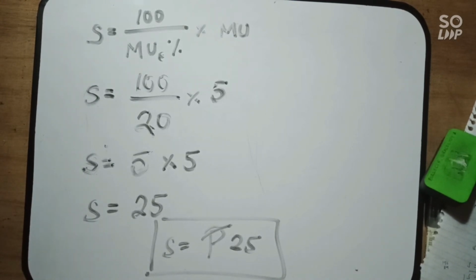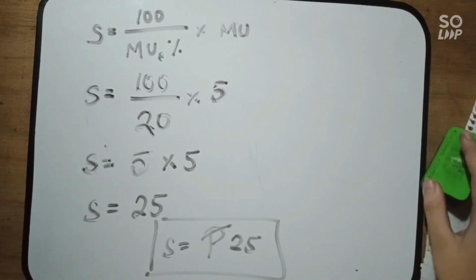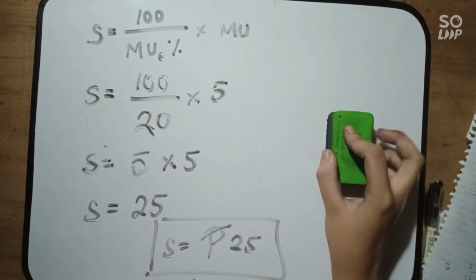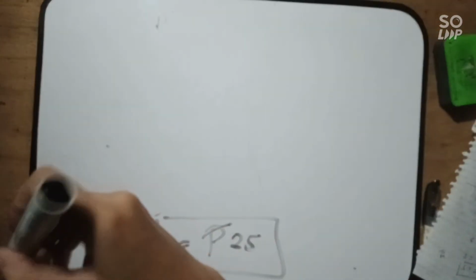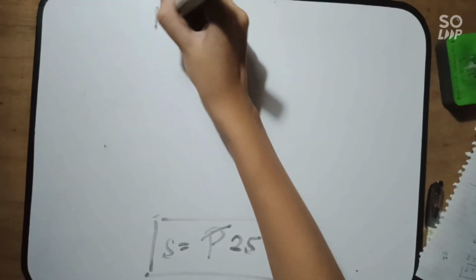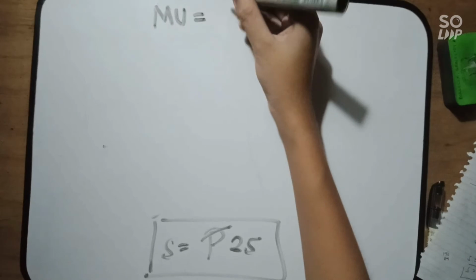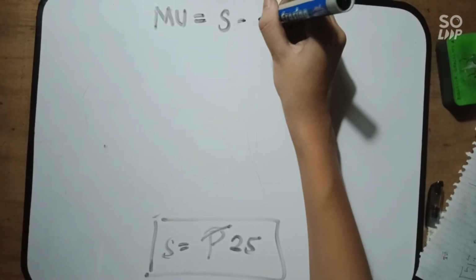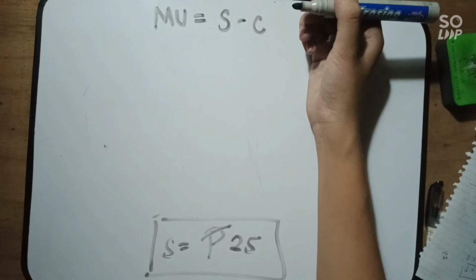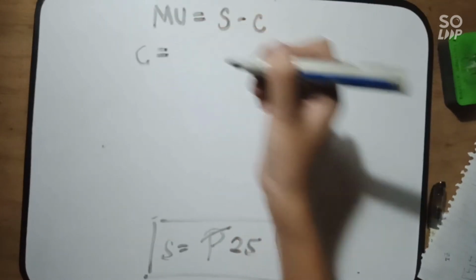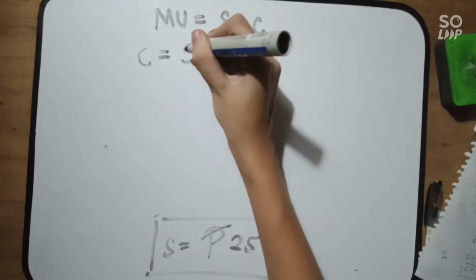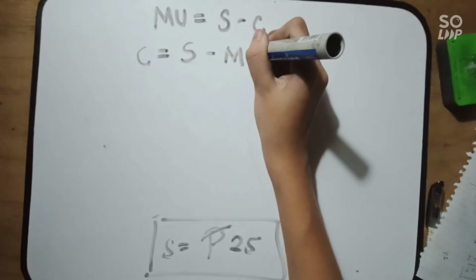Now we already have the value for the selling price, so we are going to compute for the cost. The formula is markup equals selling price minus the cost of the product. Since we are looking for the cost of the pens, the formula would be cost of the pens equals the selling price minus the markup.